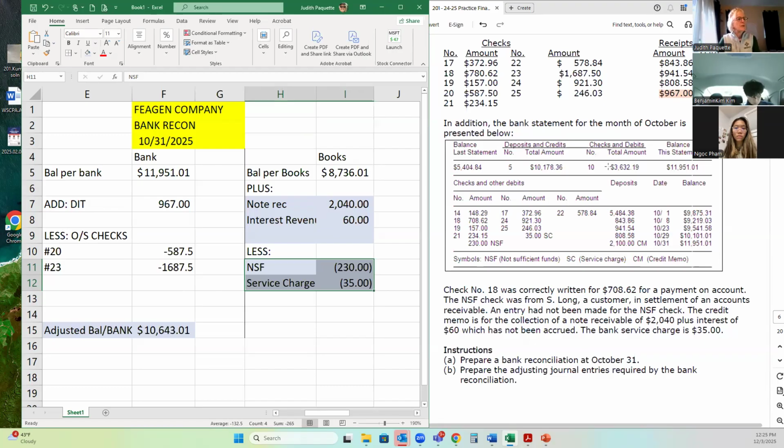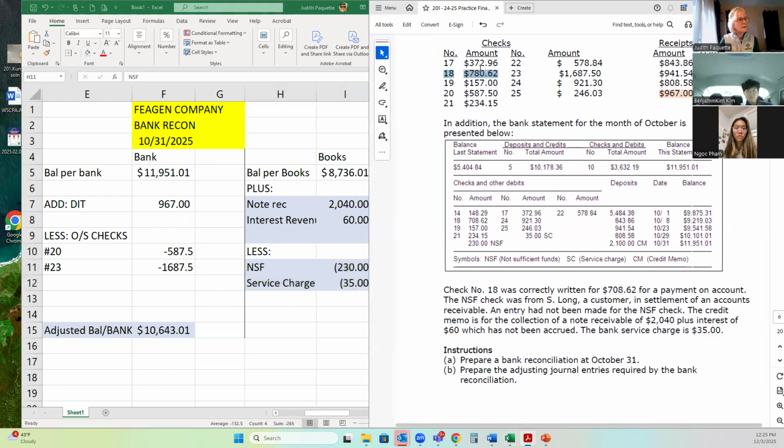But you can see up here, the company erroneously recorded it as 780.62. So the bank is right, the company is wrong. So I want you guys to think about this. The company deducted cash of 780. They should have only deducted cash for 708.